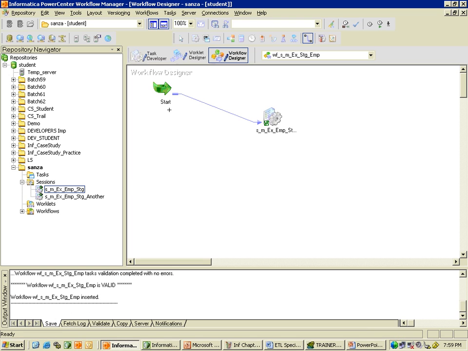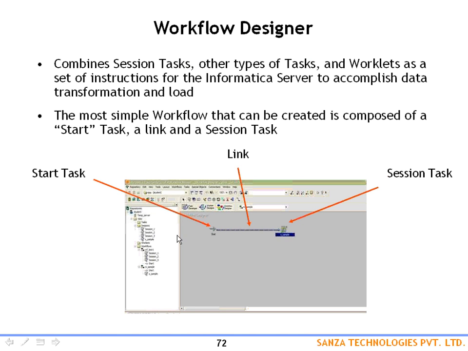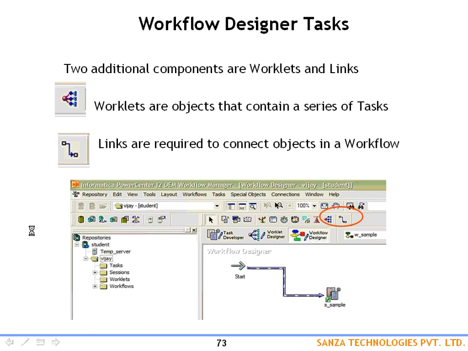A single workflow can have multiple sessions, and you can execute the sessions sequentially or in parallel. We'll discuss that later. So you create a workflow and save it. In Informatica, you have created the session, you created the workflow with the start button, the session task, and you linked the task.